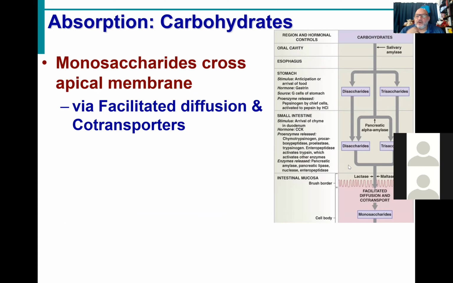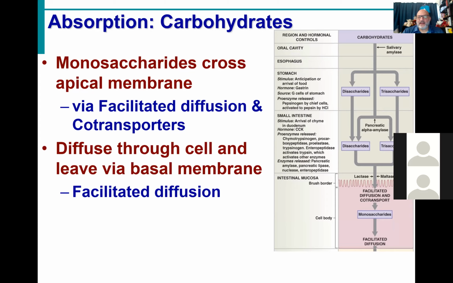As we talked about, we want to get these sugars into the body. It is important to get these sugars into the body. So we use both active and passive transporting mechanisms, where we are going to both use co-transporters, using sodium as the driving force to get that glucose in the apical surface, but we'll also use some carriers for facilitated diffusion as well.